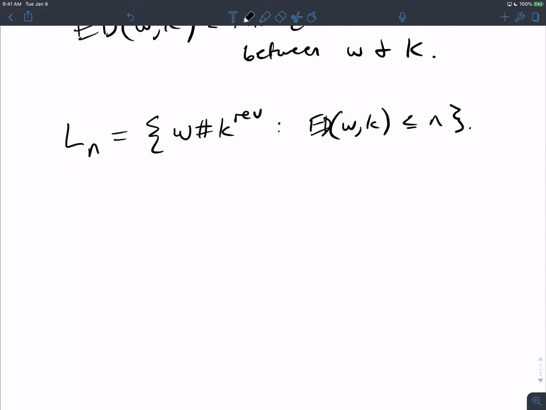So notice, why do you think I put K reversed here? So what if I instead did W with K and no reversal of K? Is this language now context-free, the non-reversed one?